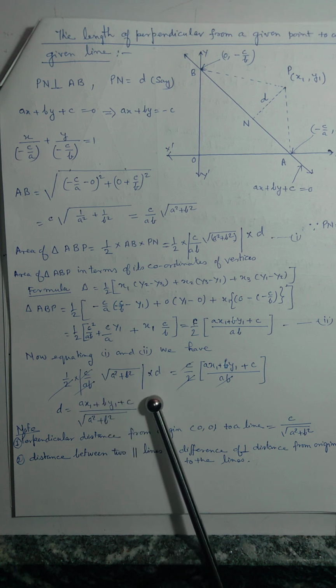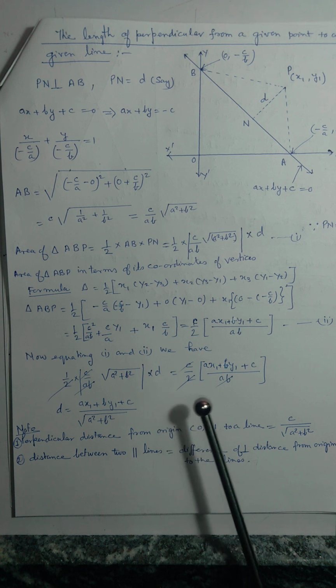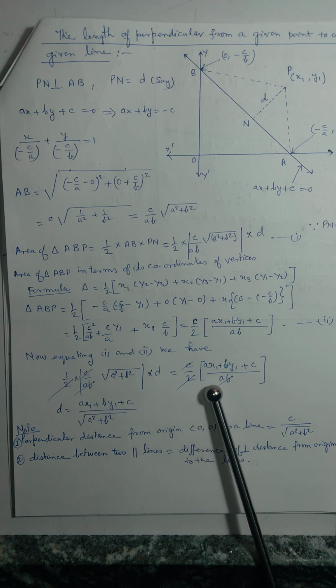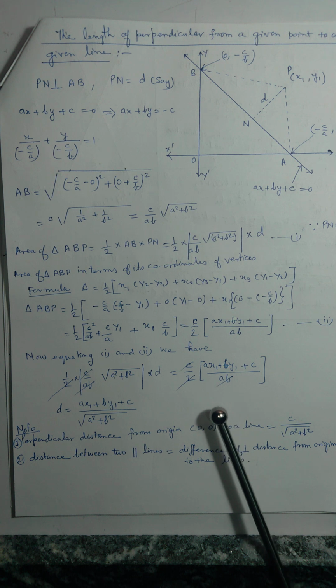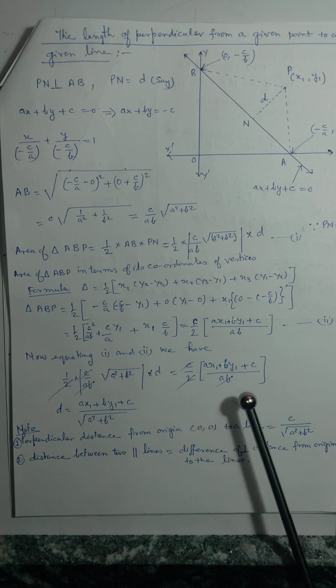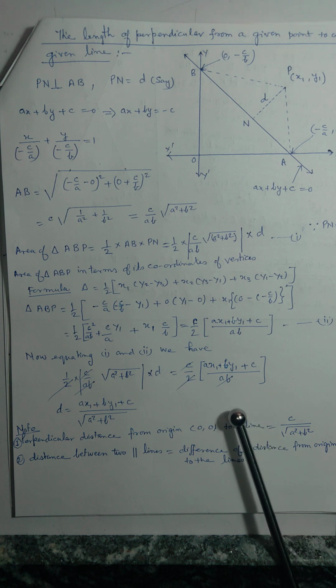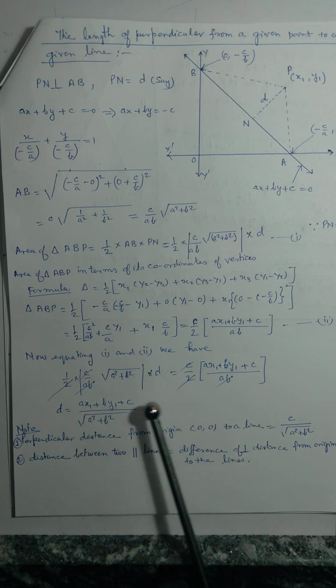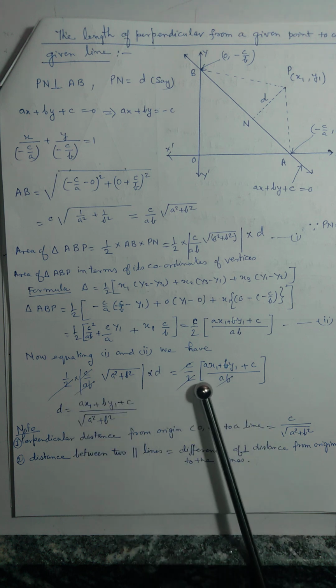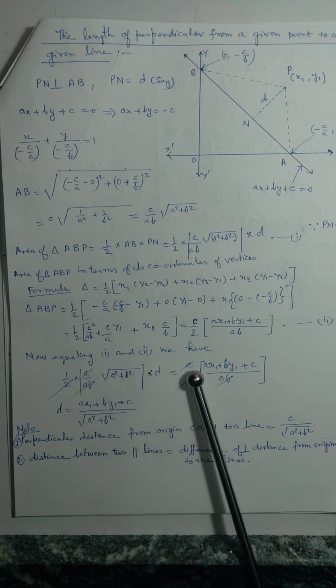c upon ab root of a square plus b square mod into d equal to c by 2 inside the bracket ax1 plus by1 plus c upon AB. Now this is AB and AB will be cancelled, 2 and 2 will be cancelled, c will also be cancelled.